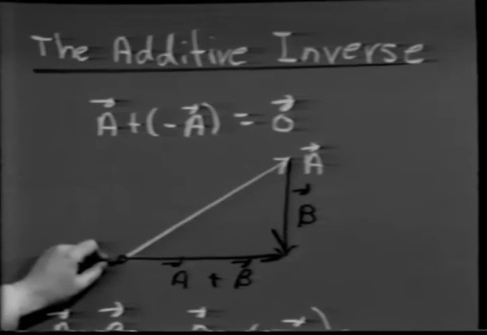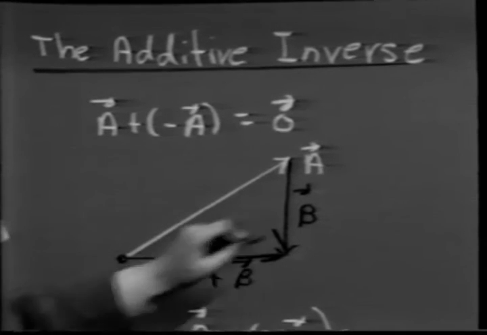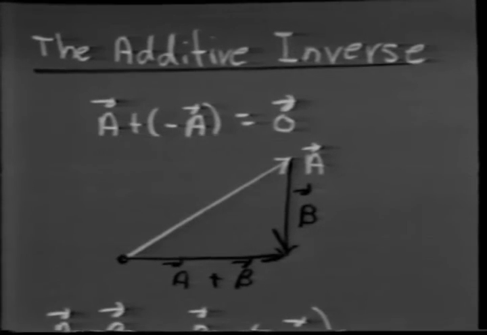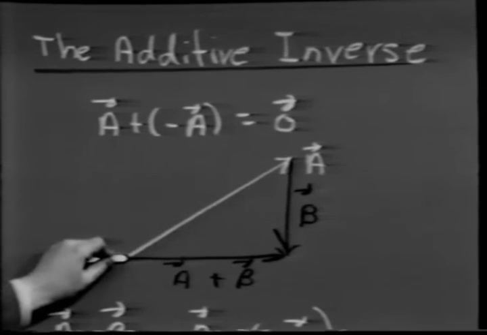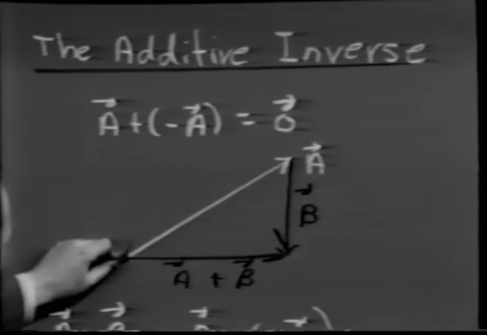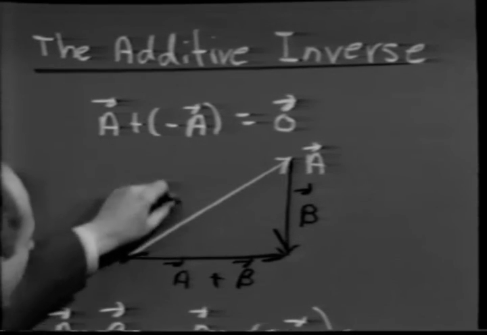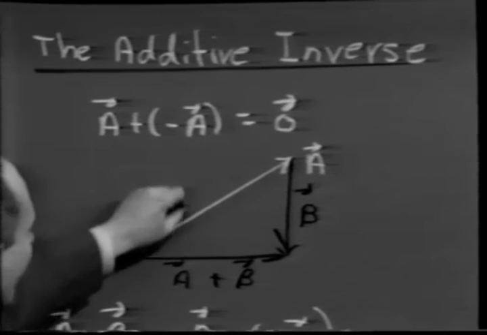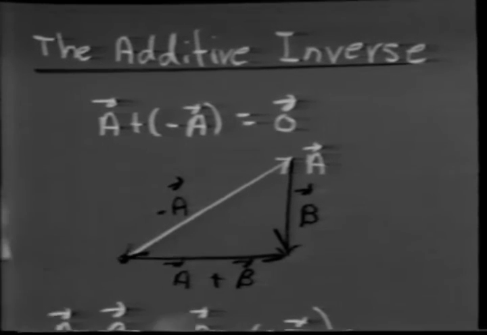That means the only way that's possible is if the tail of a coincides with the head of a plus b. And the only way that can happen is if b terminates right here. In other words, the vector that we call negative a is going to be the vector which has the same magnitude and direction as a, but the opposite sense.